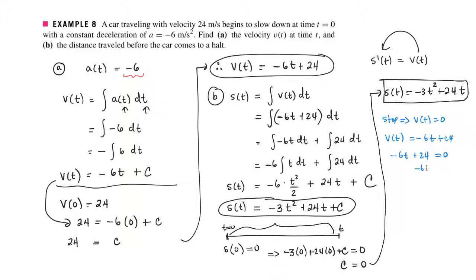So negative 6t is equal to negative 24. t is equal to 4 seconds. So this is when the velocity is equal to 0. And now, by substituting 4 into position, that will tell us that the distance traveled from the time that we started our stopwatch to whenever the car stopped is going to be equal to 48 meters.